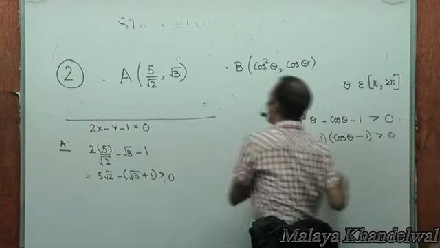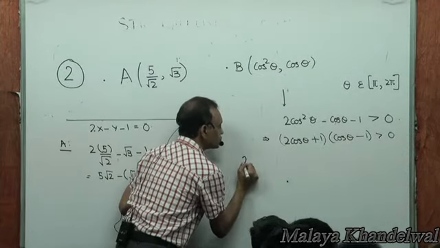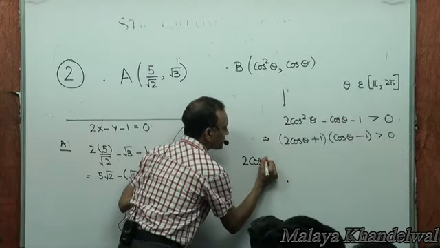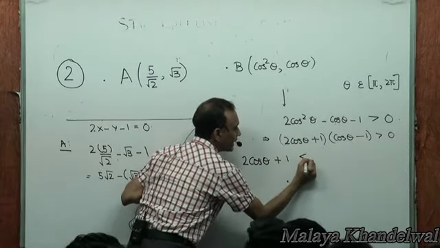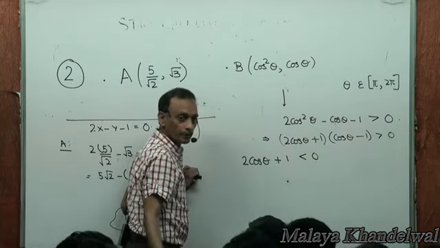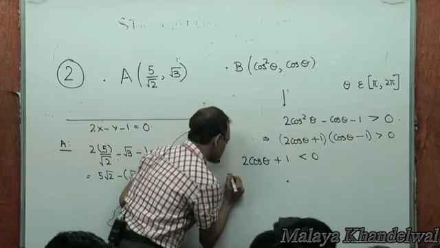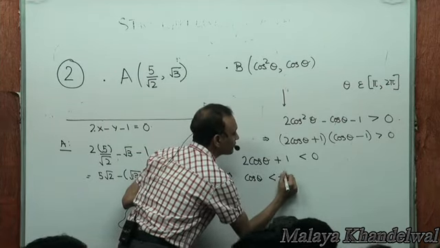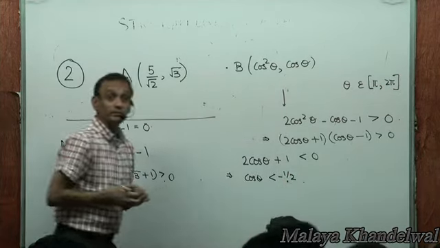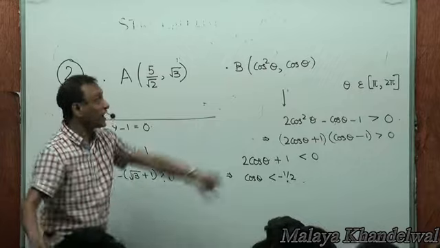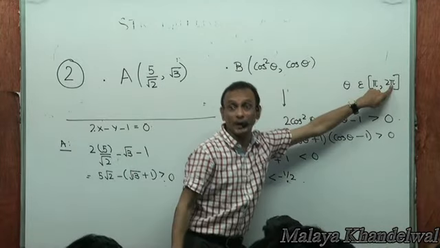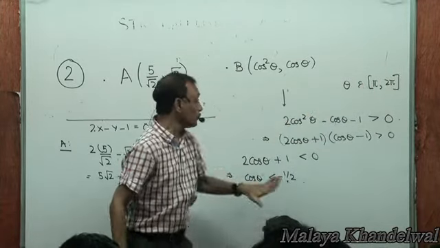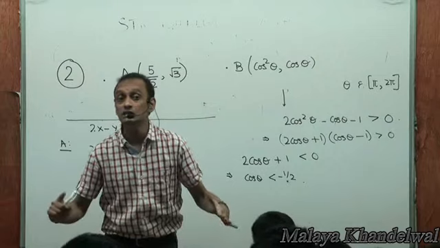So then theta is such that cos theta will be less than minus half. I need to find the values of theta in the interval pi to 2 pi for which cos theta is less than minus half.